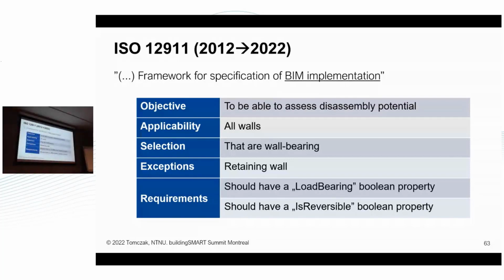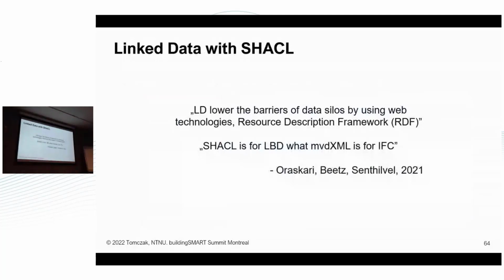But then there is also another approach to not only information requirements, but the whole modeling of the data, which is linked data. I don't know if you're familiar with it. Basically, linked data, what I could read from experts on the topic, is supposed to lower the barriers of data silos in our industry using this graph representation of data.